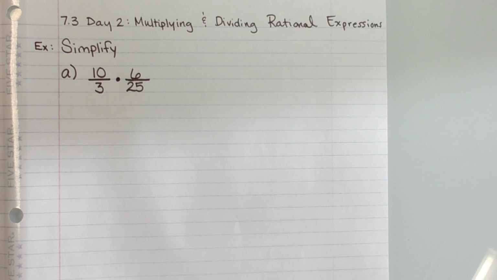How do we multiply fractions? It's not cross multiplication. That's when it's a proportion. That's a fraction equal to a fraction. Multiply across. You multiply straight across.